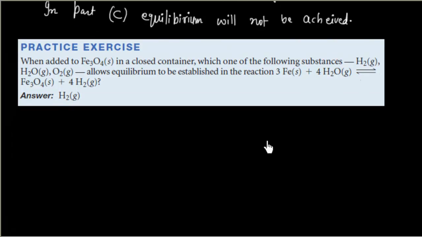Now let us try this practice exercise. This question says, when added to Fe3O4 in a closed container, so we have a closed container and this contains Fe3O4, which one of the following substances, either hydrogen or water or O2, allows equilibrium to be established in the reaction?